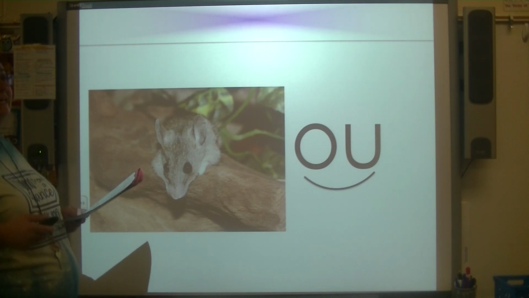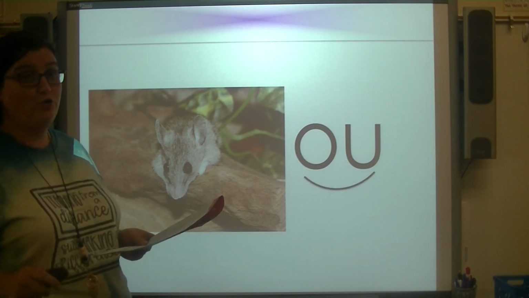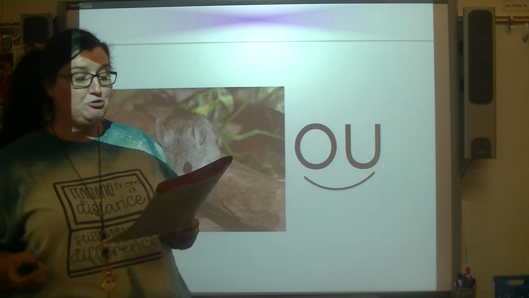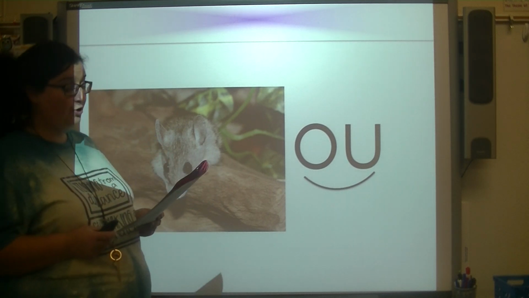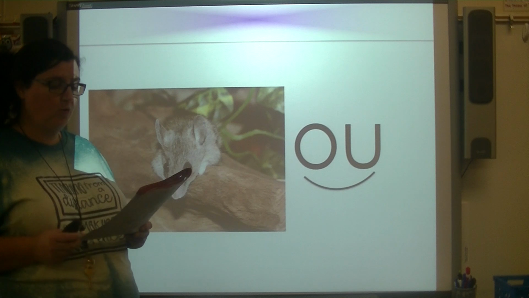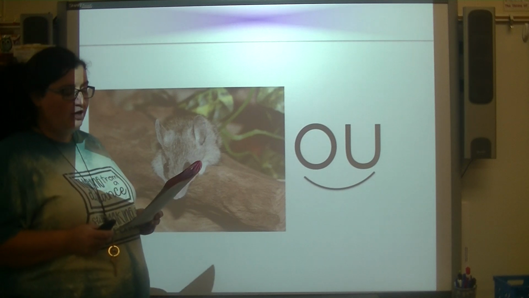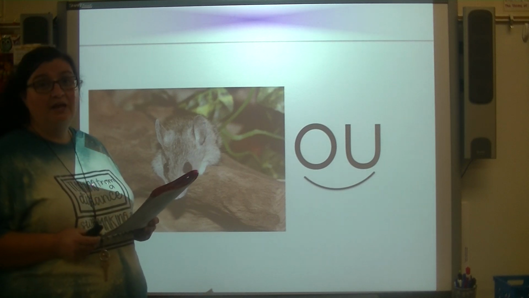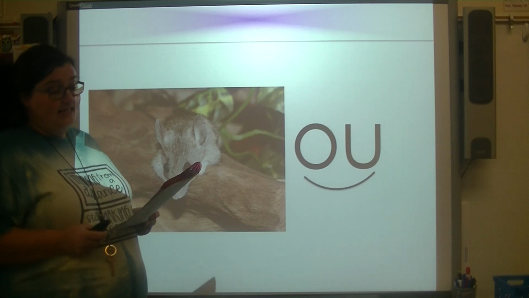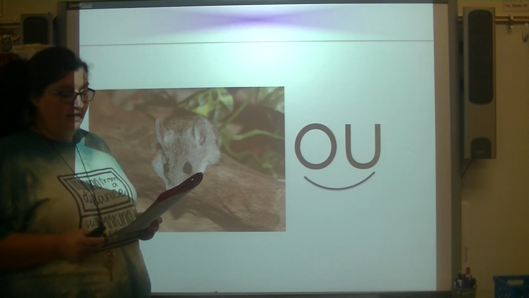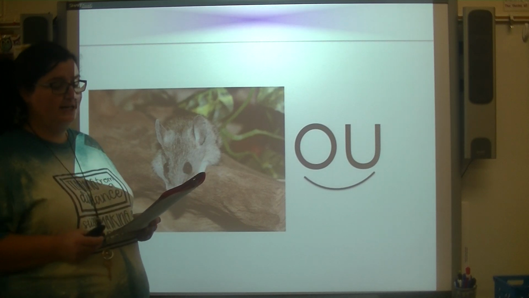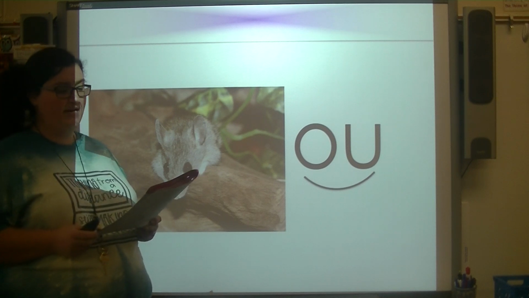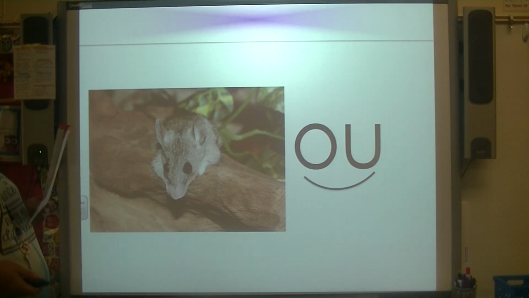All right, your next one. This is the digraph OU. This says ooh. All right, this is something you have a lot in the winter or when you're sick. You eat it with a spoon. It usually has vegetables. It can have meat. A lot of kids like chicken noodle the best of this. What do you think it is?